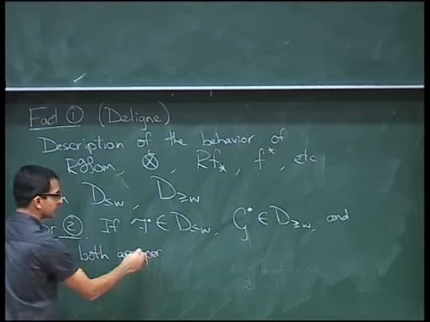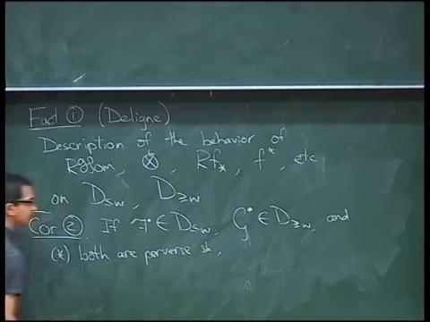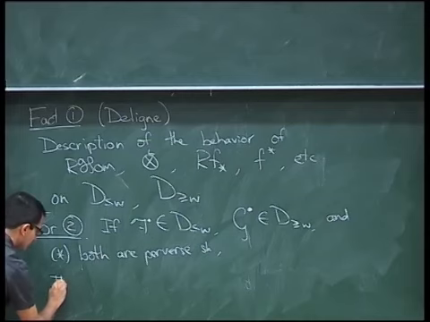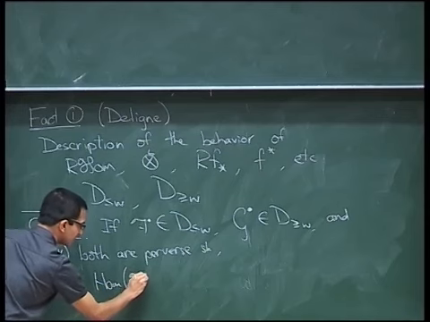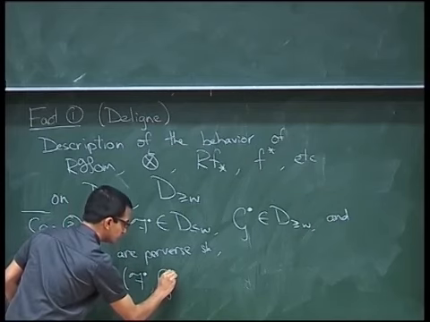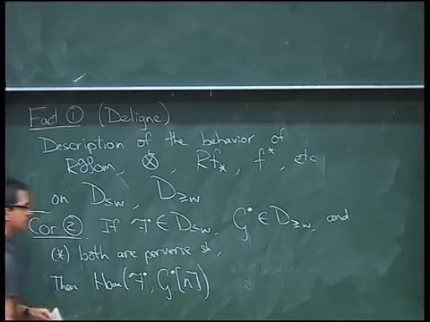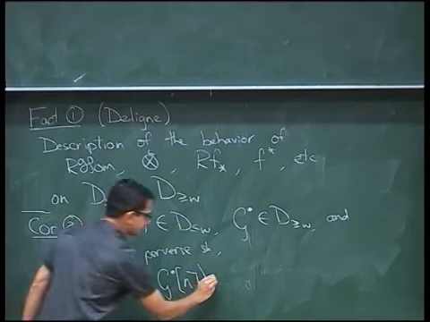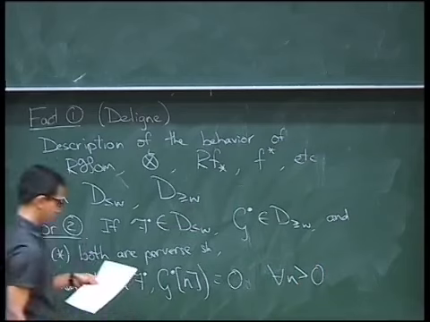So they're not just arbitrary complexes, but they're actually perverse. Then Hom of F with any shift of G vanishes for all positive numbers n.